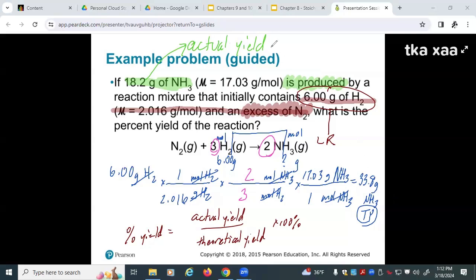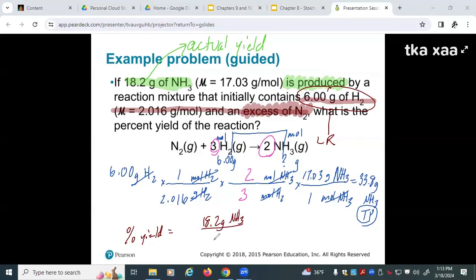Now that I have my actual yield and my theoretical yield, I can solve for percent yield. So my actual yield was 18.2 grams.